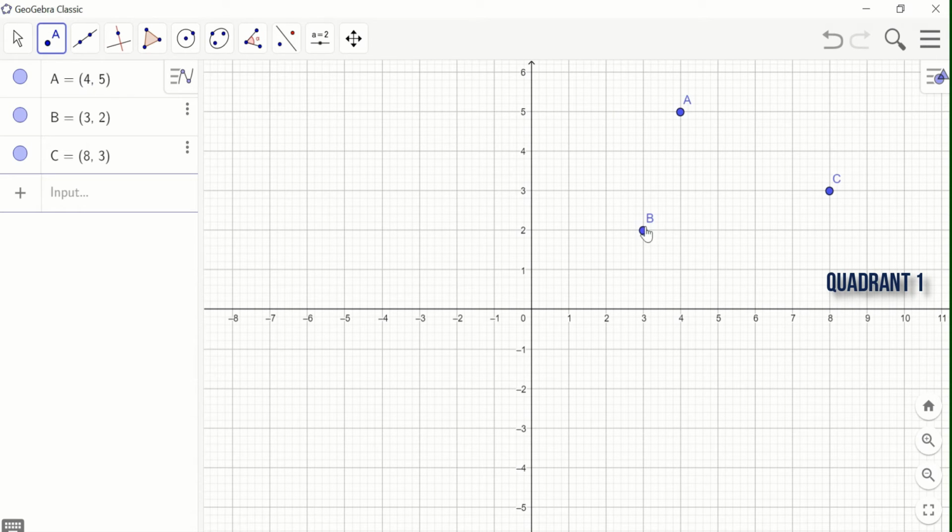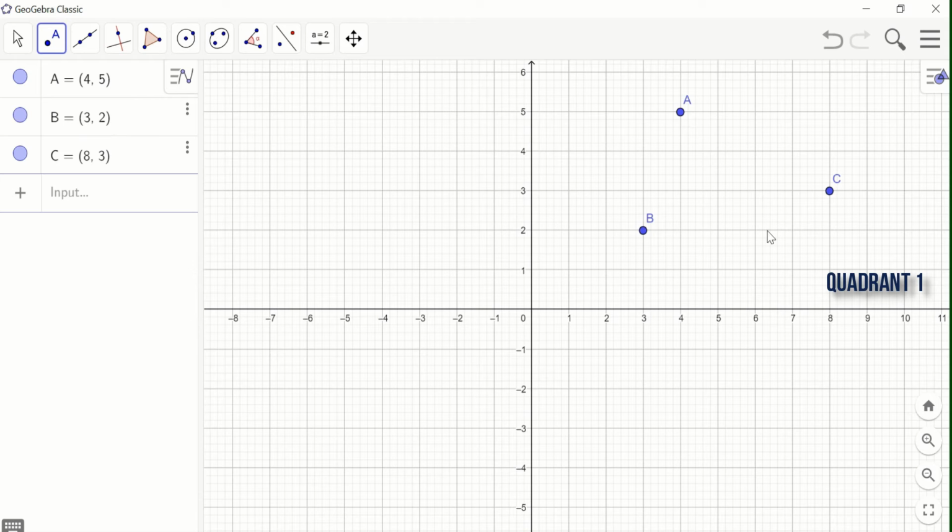Now let's go with point B. Again, from the center, we go 3 steps to the right, and then you go up 2 steps. So that means your x is 3 and your y is 2. So you have 3 and 2.